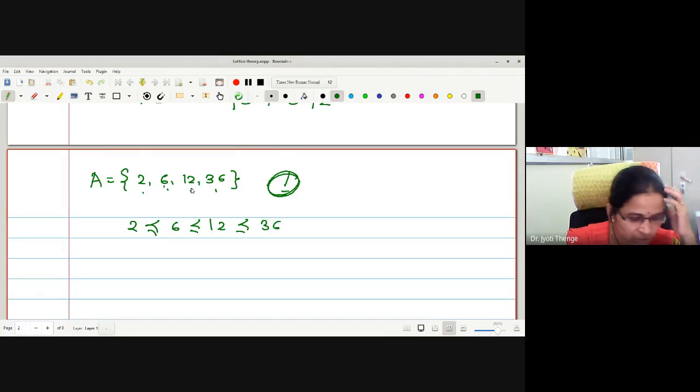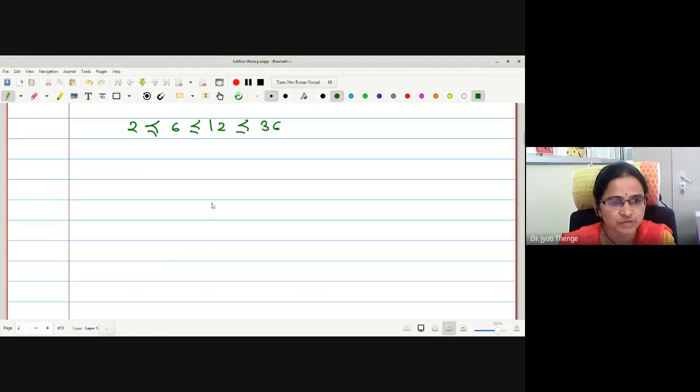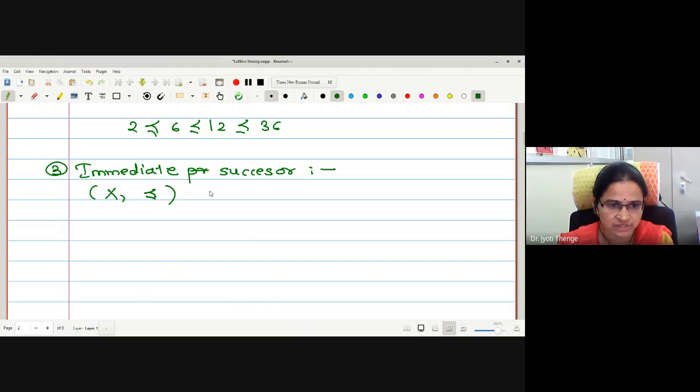Let me come to the next point: immediate predecessor and immediate successor. This is the third definition. I will get immediate successor first. Let us start with X with this relation less than or equal, a POSET.